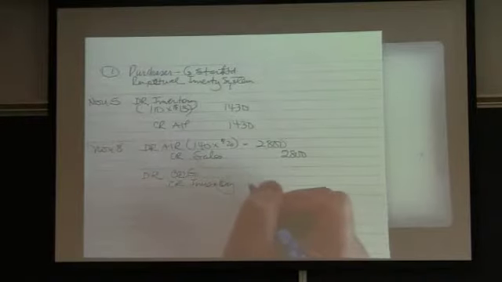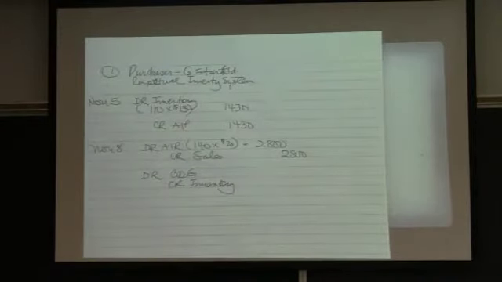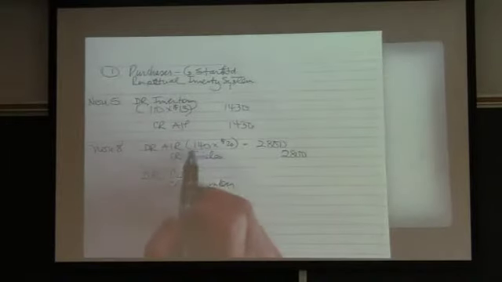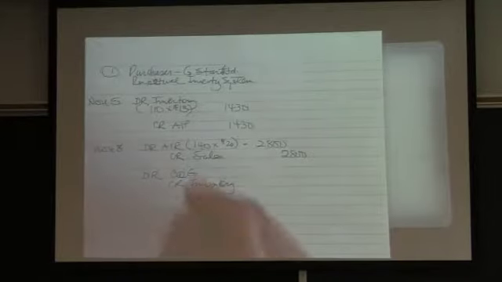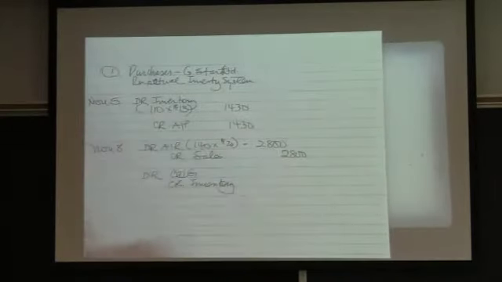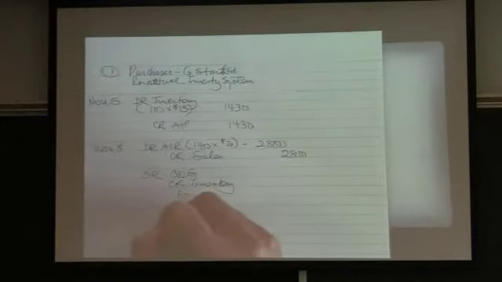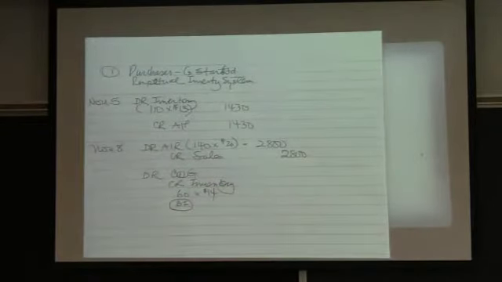Now, under the FIFO method, we have to track which batch those 140 units come from. We know that because it's a FIFO method, 60 of those units must have come from beginning inventory, and those 60 were costed at $14.